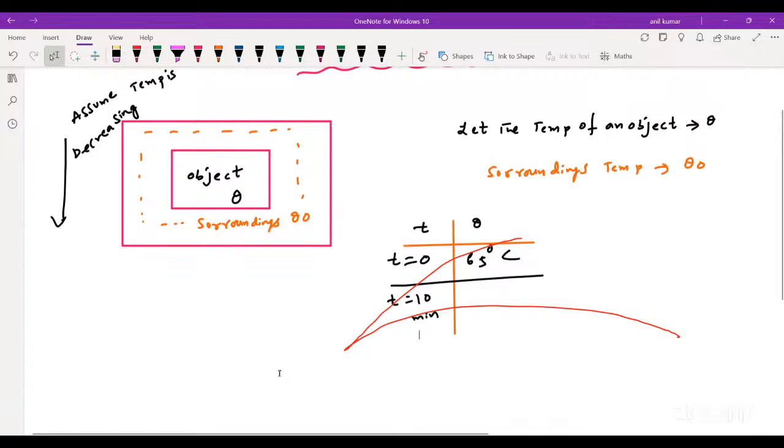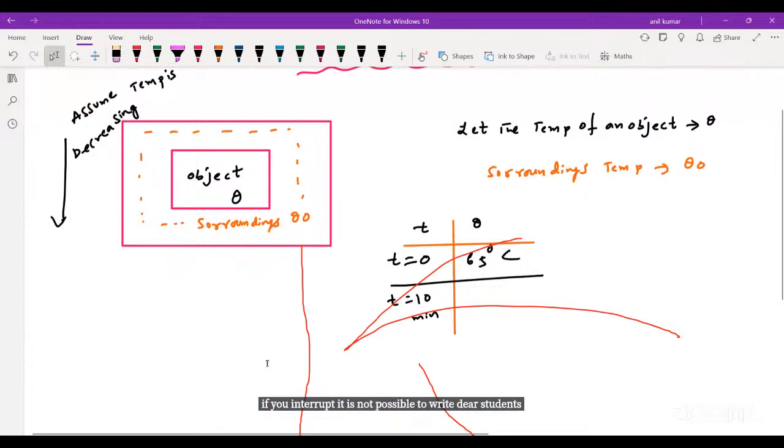Somebody is going to write something. All of you, please don't disturb the class. Please behave in a mature way. If you interrupt, it is not possible to write. Dear students, please, can you please remove the lines?